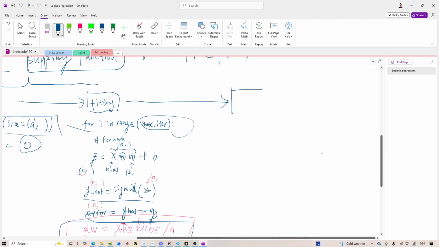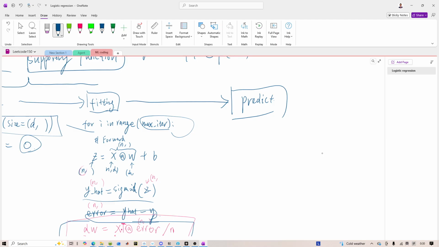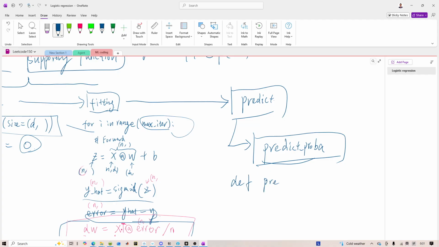And then after the fitting, we would write a function to predict. And specifically for this logistic regression, you want to also write a function that is predict probability. That is where you want to define a predict prob on x, and then returns a value between 0 and 1, right?